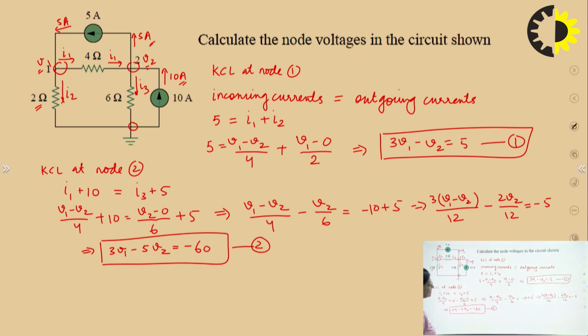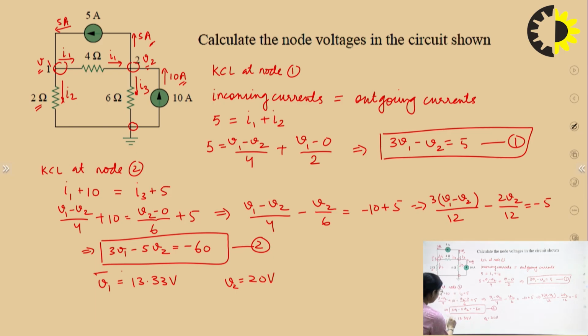So these are two equations having two variables. Solving these two equations, we will get the values of V1 and V2. Use your calculators to solve these equations. The values of V1 and V2 you will get as 13.33 volts, and V2 will be equal to 20 volts.